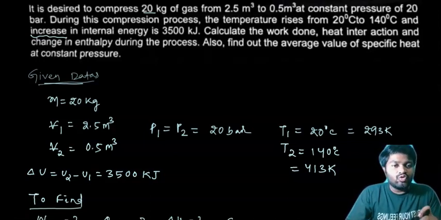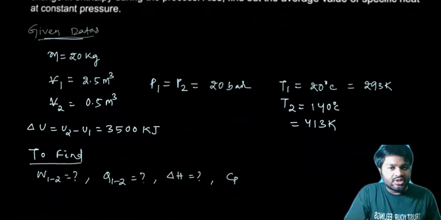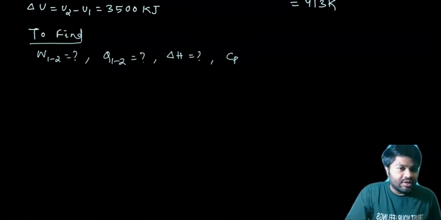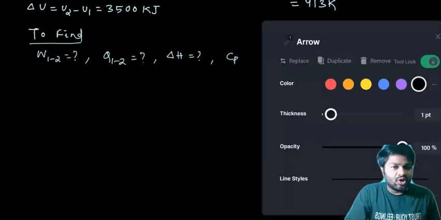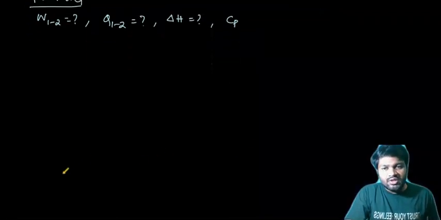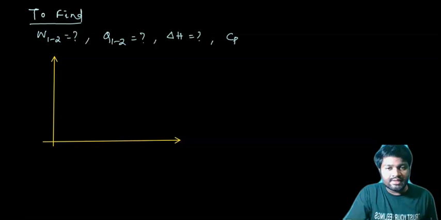That means if we try to plot this process on a pressure versus volume diagram, then definitely we will get a horizontal line, right? Okay, so let us draw it so that we can understand this question in a proper manner. Okay, so we will be drawing the pressure versus volume diagram. Let me take the pressure on the y-axis and the volume on the x-axis.